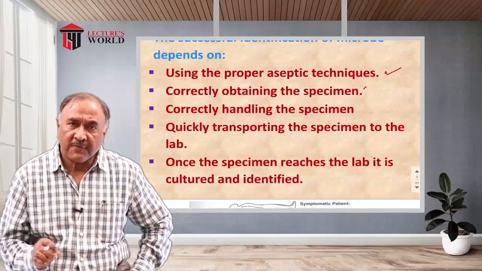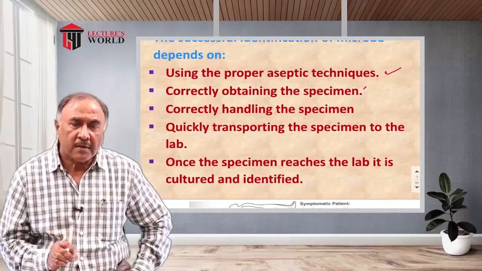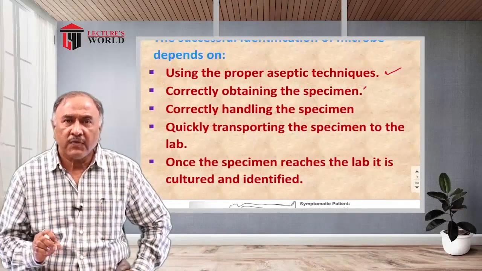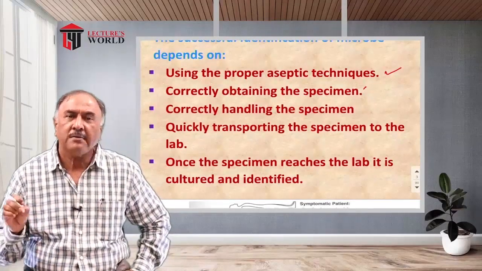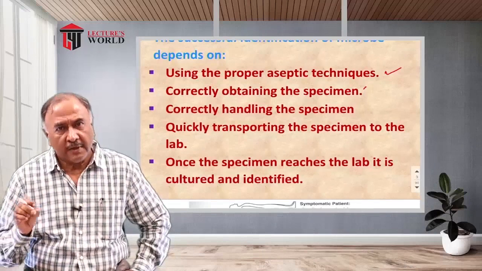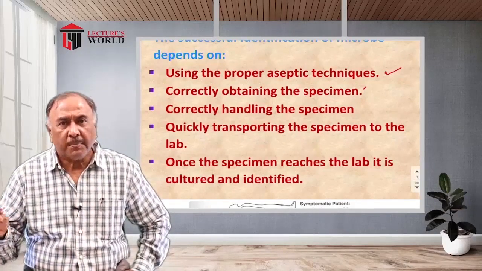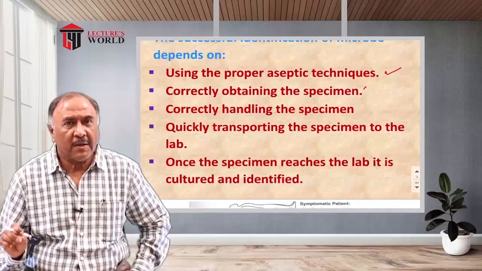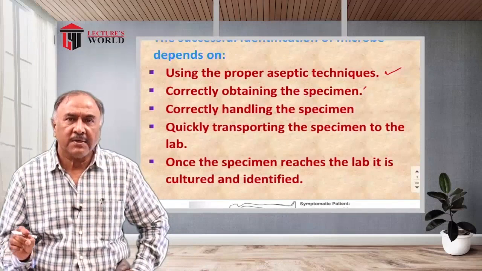Usually this task is done by a doctor himself, or it can be instructed by a doctor or a trained staff, either nurse or technician, to the patient. The patient has to be given clear instructions on how the sample is to be collected.